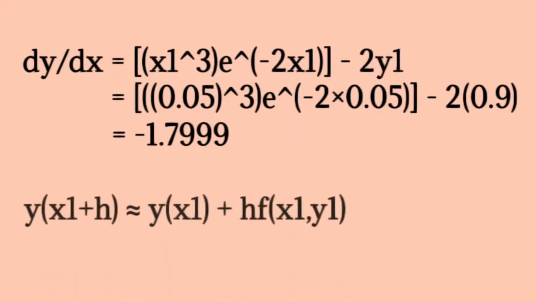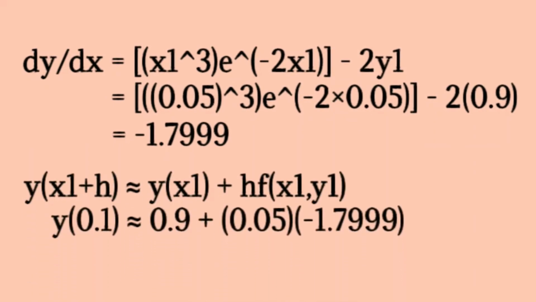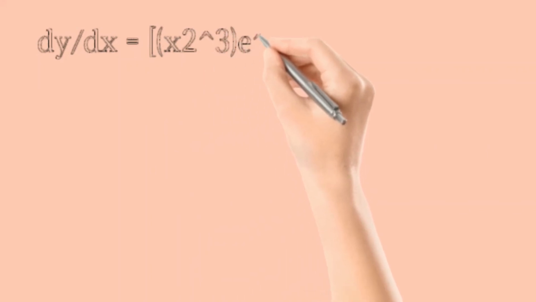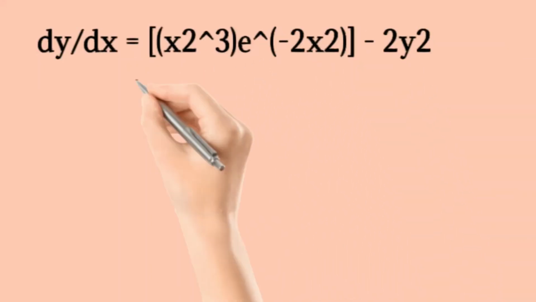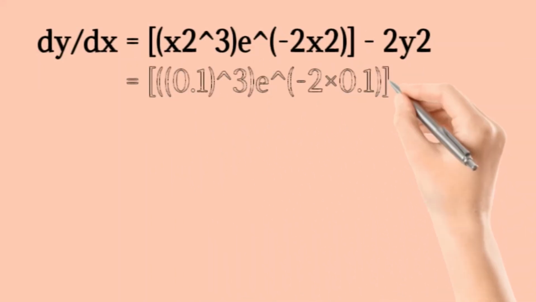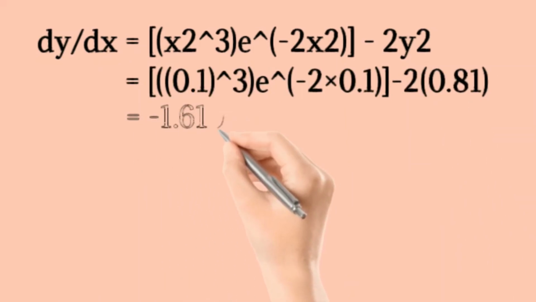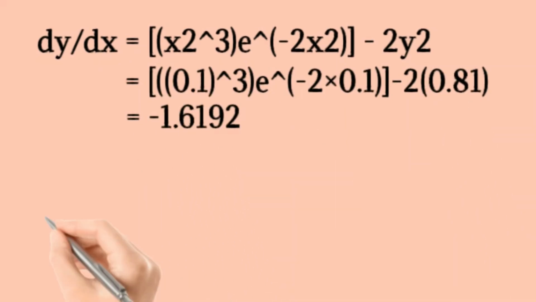Our second iteration will then give the result 0.81. Again, substituting 0.81 into the derivative, we will get -1.6192.